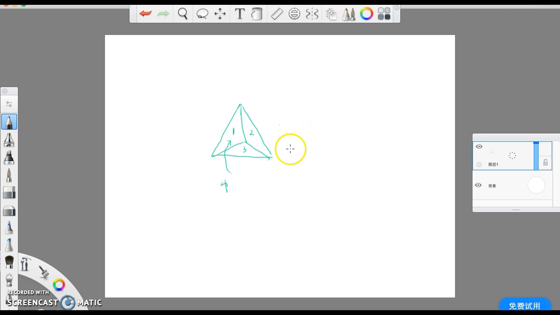So the question is as follows. All these four faces of this tetrahedron are conductors, and the sides that join those two faces are insulators.